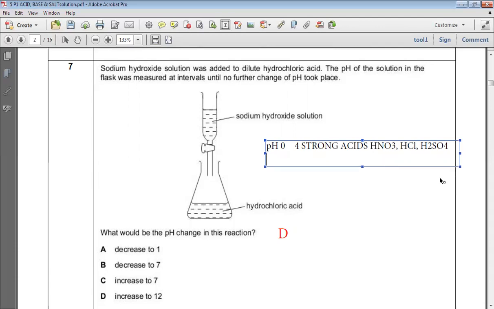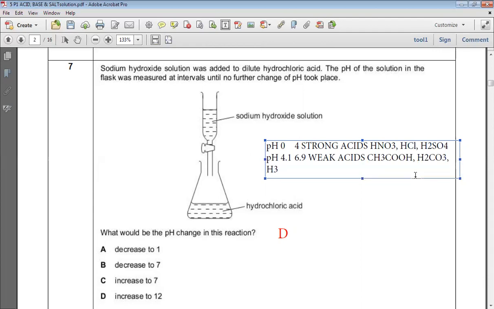While pH value above 4, from 4.1 to 6.9, they are weak acids. So their pH values are greater than 4 but below 7, like ethanoic acid, CH3COOH. So many acids are weak in nature. Carbonic acid, H2CO3: when carbon dioxide reacts with water, it produces carbonic acid.